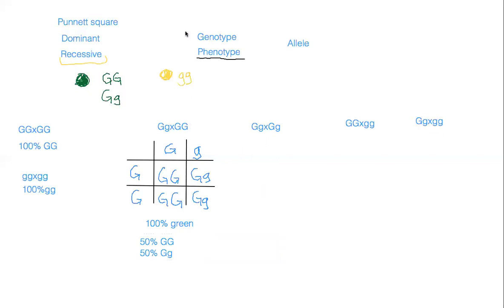Now let's check the next one. What will happen if both of them are heterozygous? This is the most interesting case. We are going to have something different here. Let me draw my two lines.